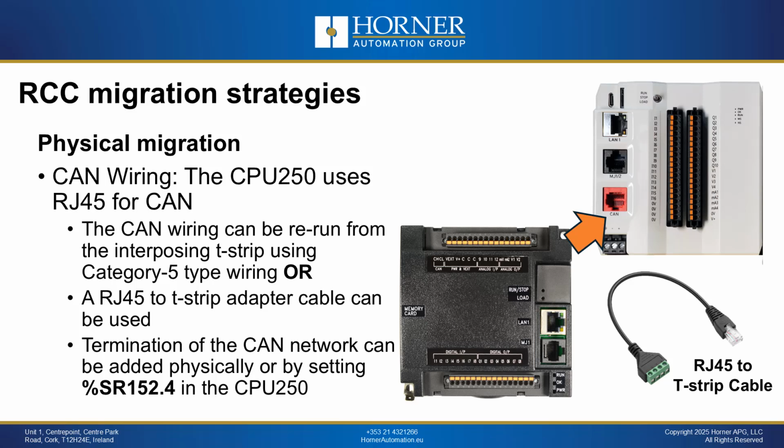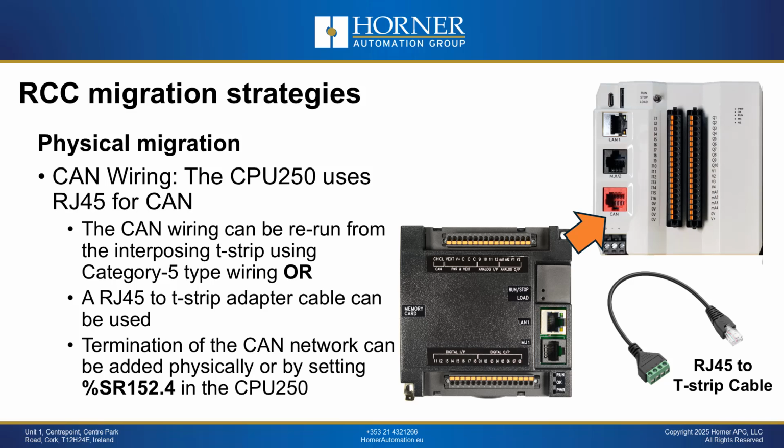Or let's say you have CAN wiring going to the field terminal strip inside the enclosure, and you want to make that connection to the CPU250. Then from the field terminal strip, you can just run, let's say, an Ethernet patch cable chopped off on one end, and then you can connect 3 terminals, the CAN high, CAN low, and the CAN ground, to the appropriate terminals on your field terminal strip.